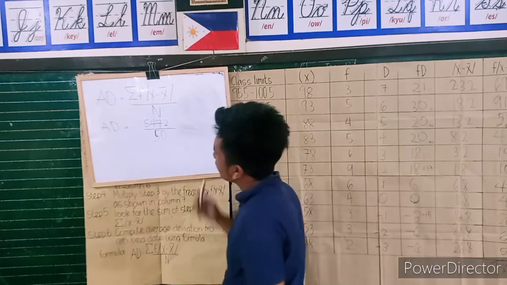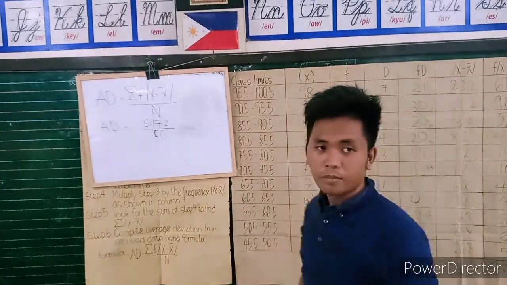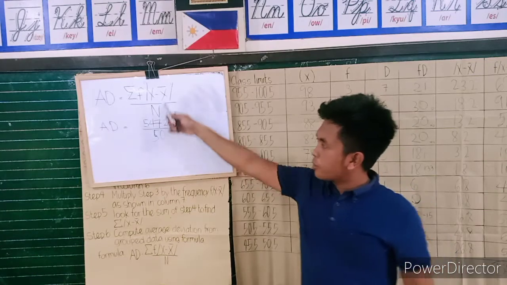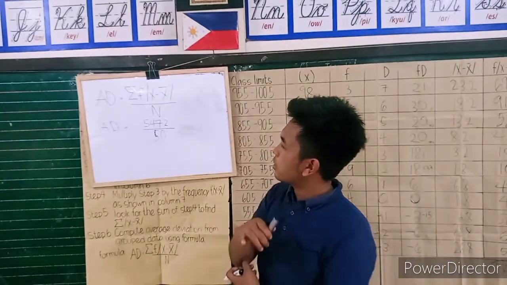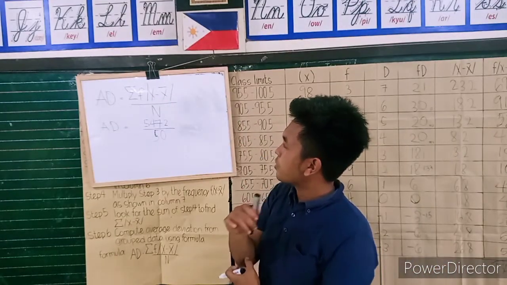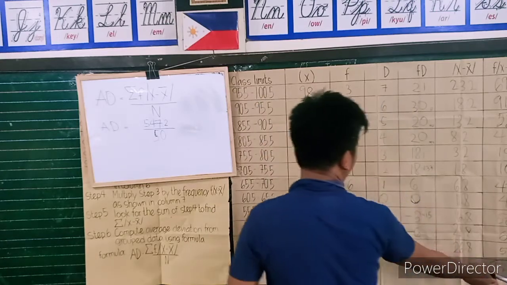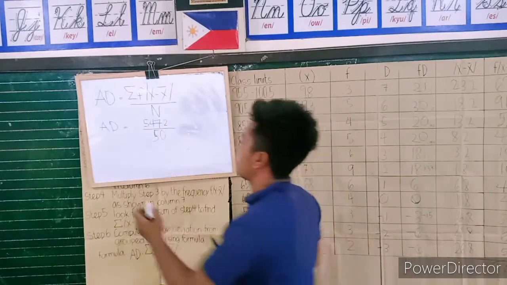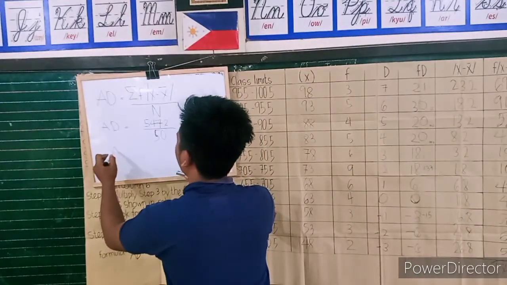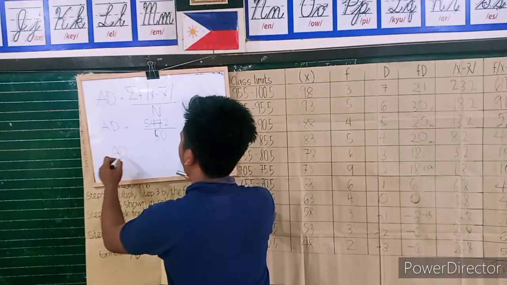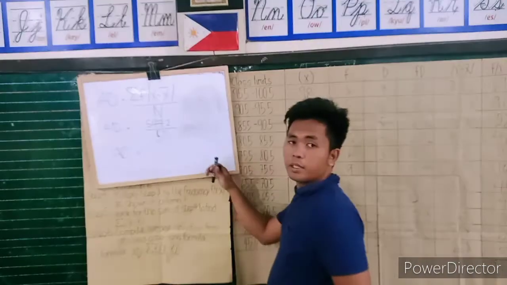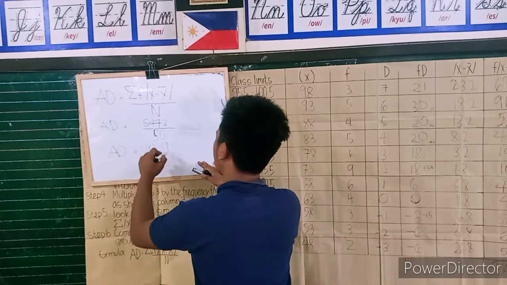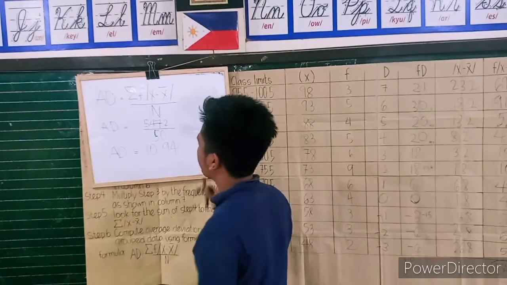So we take the summation of frequency, 547.2, divided by 50. The final answer for the average deviation is 10.94.